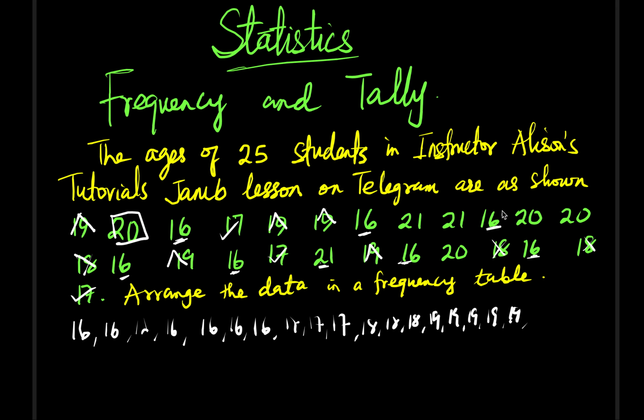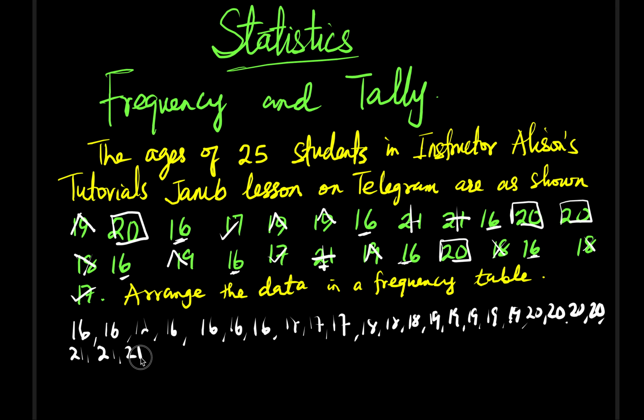That's the first one, 2, 3. We have another one here, 4. So we have just four 20s. Then the last one is 21. We can use a cross for 21. So I have the first 21, another 21, another 21. That's 3. Just three 21s.